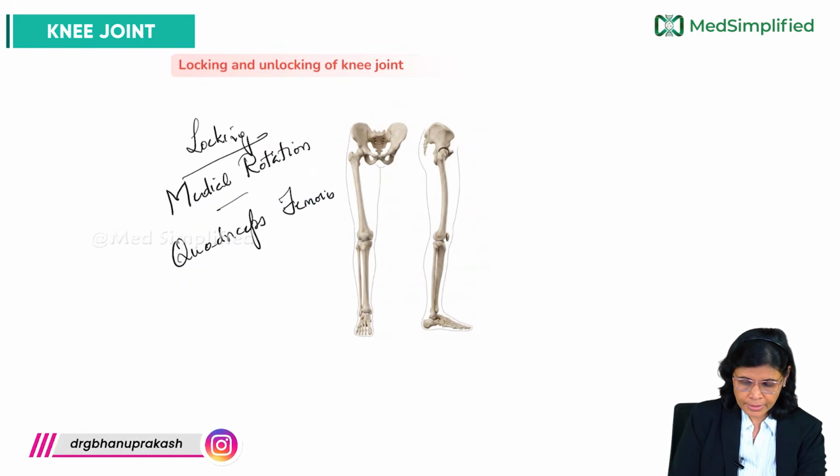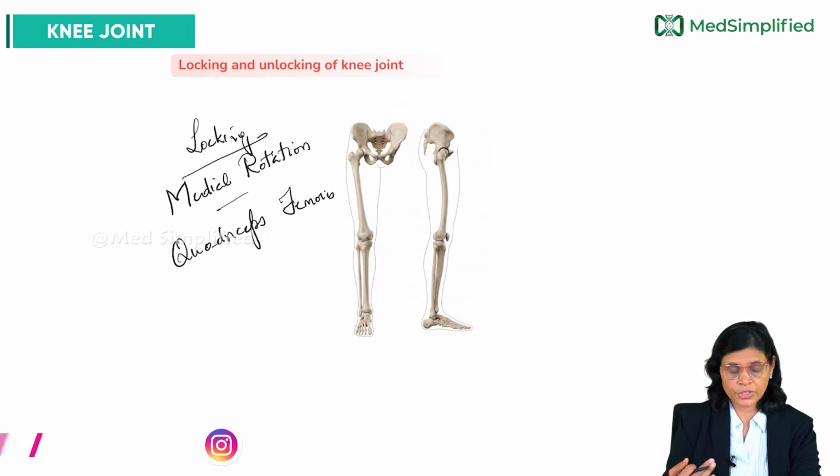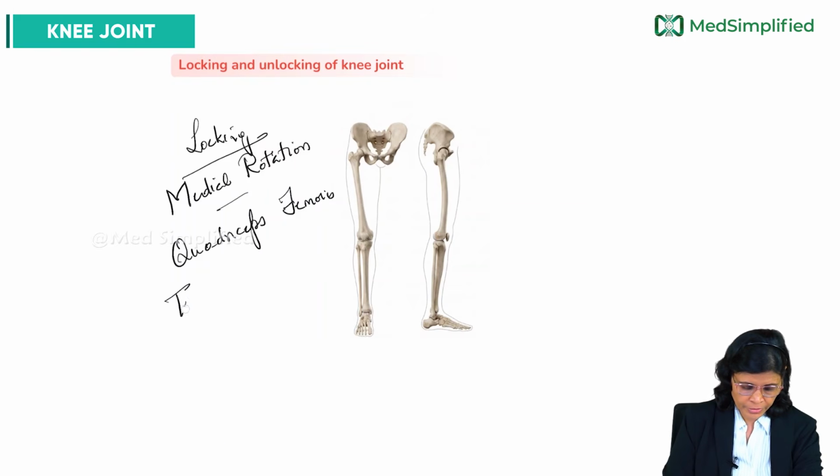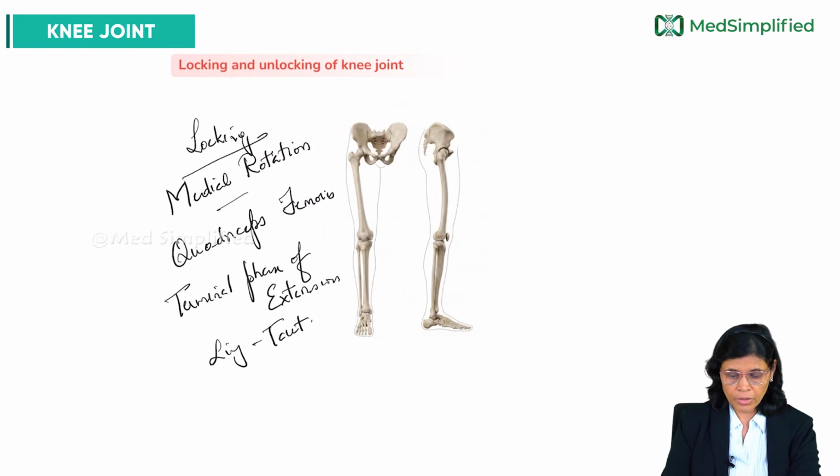This happens in extension, in the terminal phase of complete extension. In this locking, all the ligaments become very taut. They are all very tight. So a locked knee is absolutely rigid.